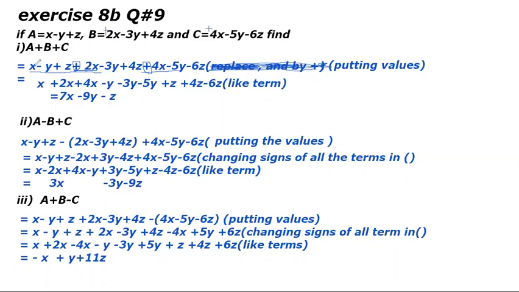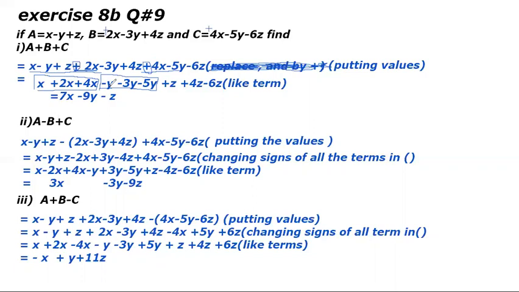Now x, positive 2x, and positive 4x: these three are like terms. Now negative y, negative 3y, and negative 5y: these three are like terms.